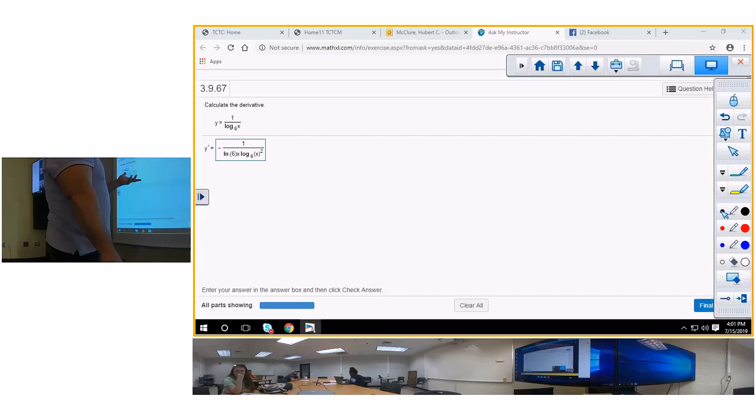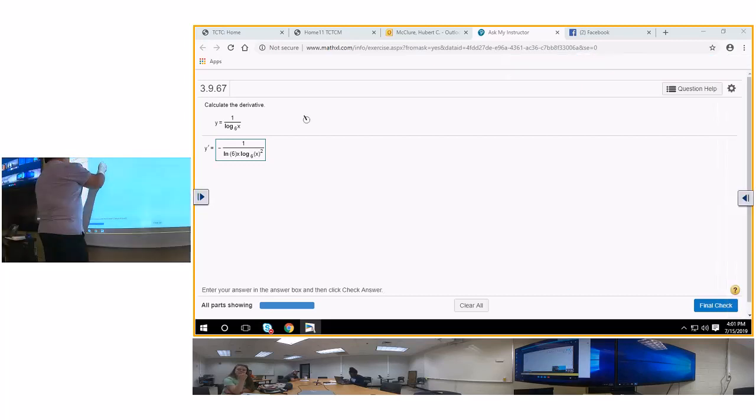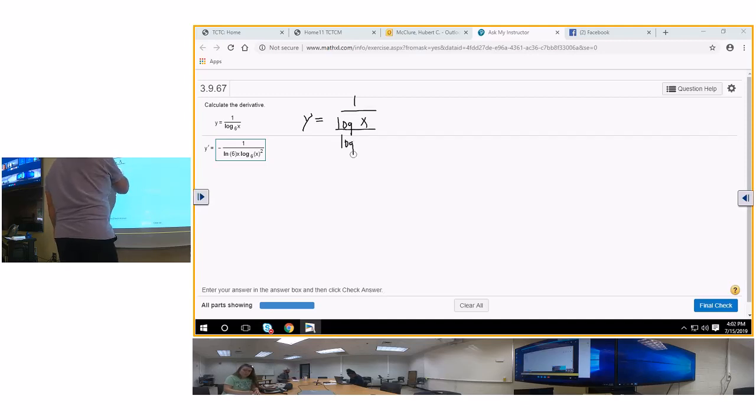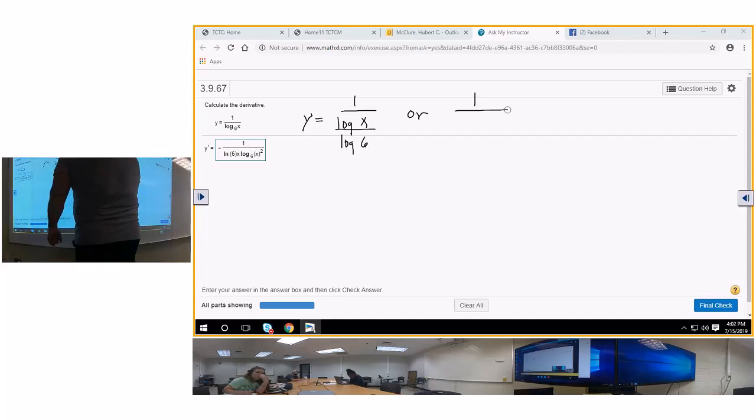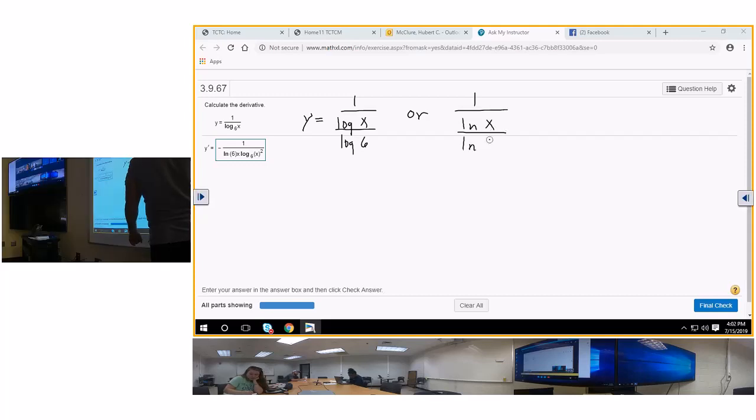It doesn't matter which, the natural log. So I can rewrite this: y is equal to 1 over log of x over log of 6. Or I can rewrite it as 1 over the natural log of x over the natural log of 6.